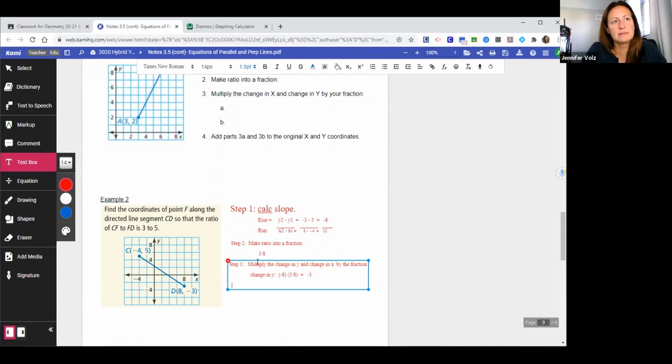That's what I add to the Y coordinate to get to the new point that's going to produce this division of 3 and 5. The change in X on the bottom of the slope is 12. I'm going to multiply that by 3/8. And so 12 times 3 is 36. 36 divided by 8 is 4.5.